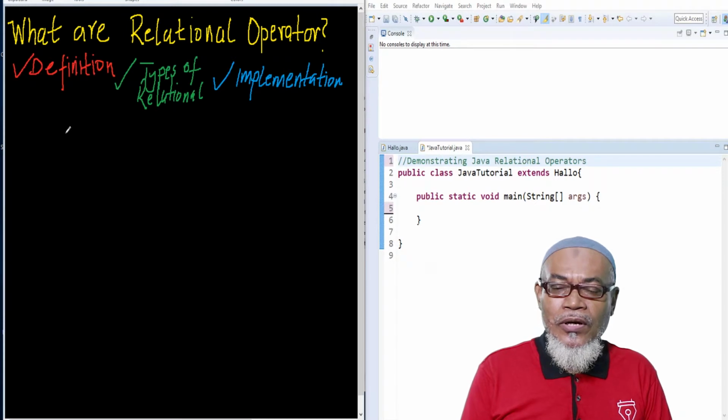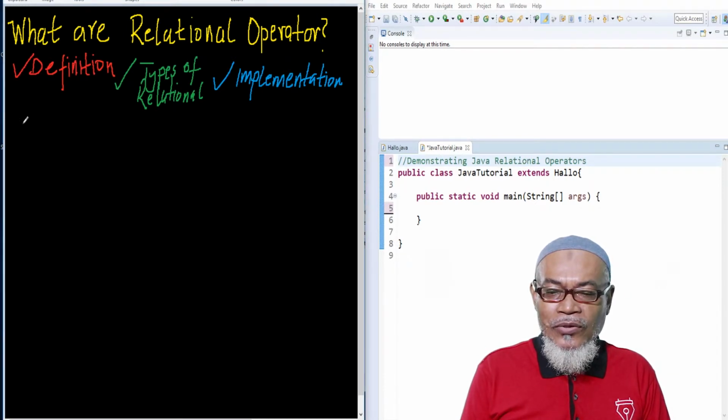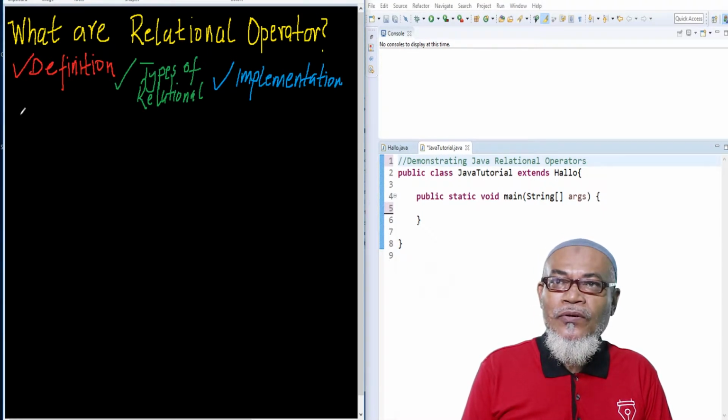Basically, a relational operator compares two operand values and then determines the relationship between them. So what does it do? It compares two operand values.